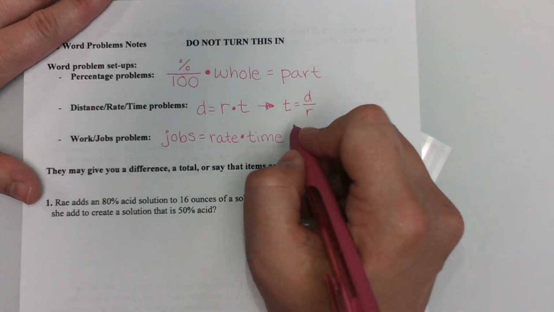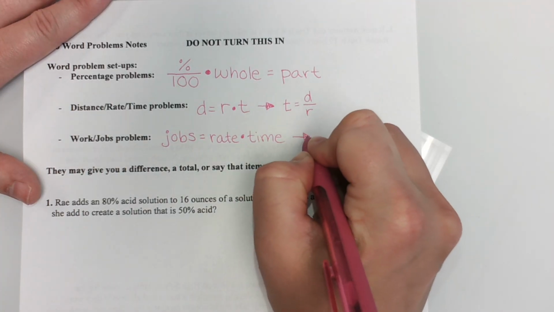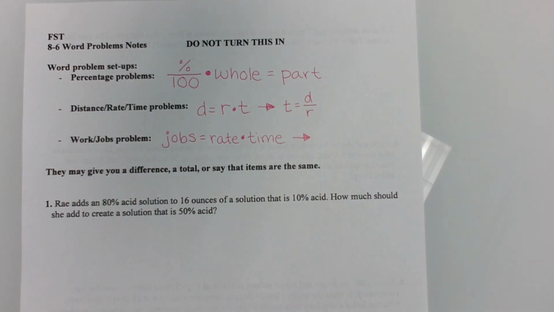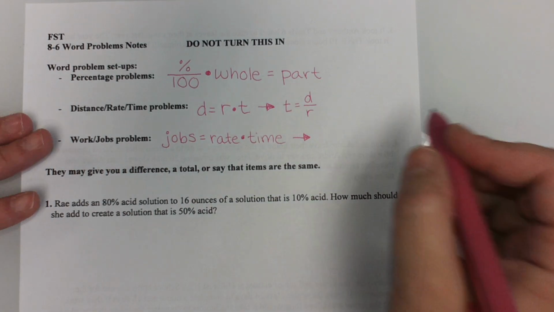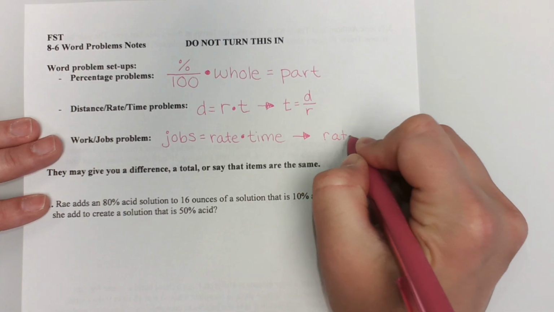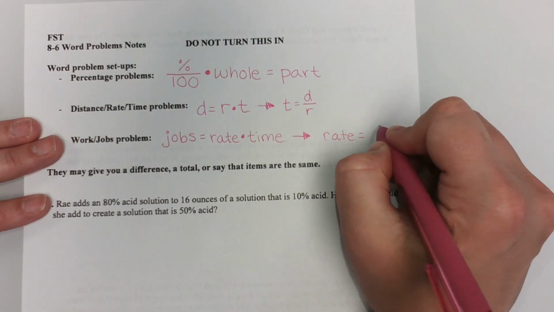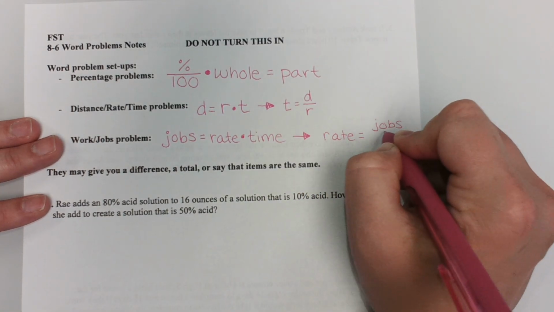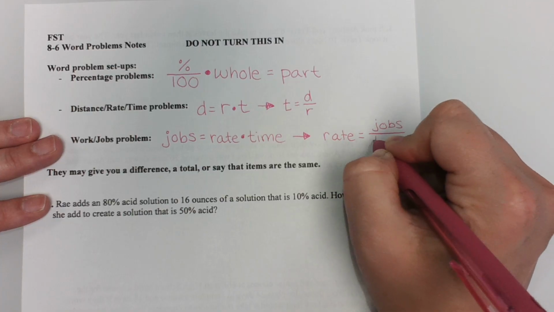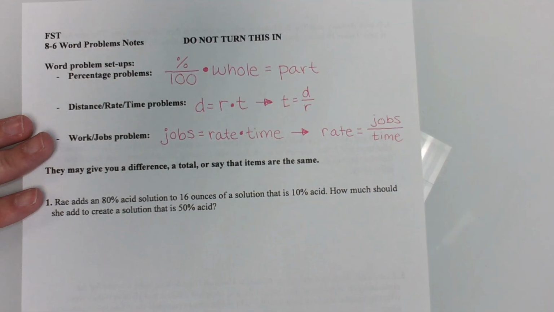Except in this case, generally when you're going to be working with these jobs, rate, and time problems, you are going to be dividing in a slightly different way. It's going to be your rate is equal to the number of jobs that need to be completed divided by the time they take.